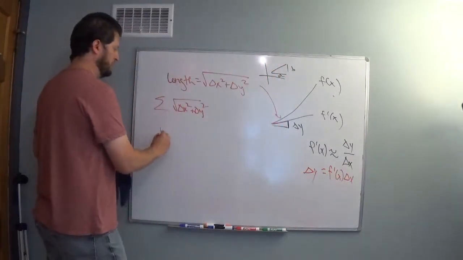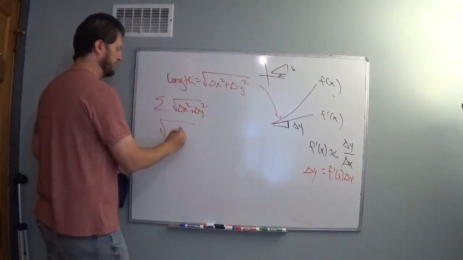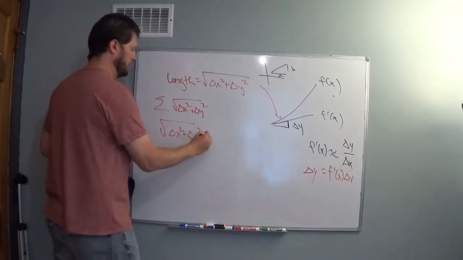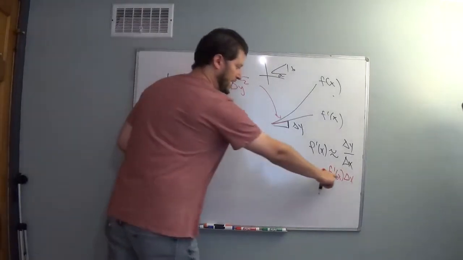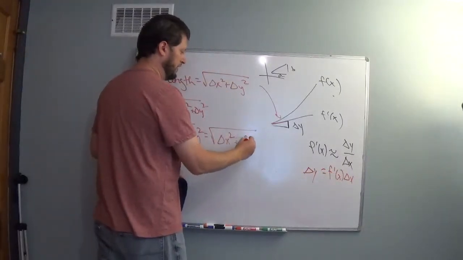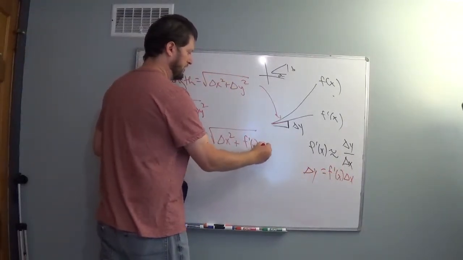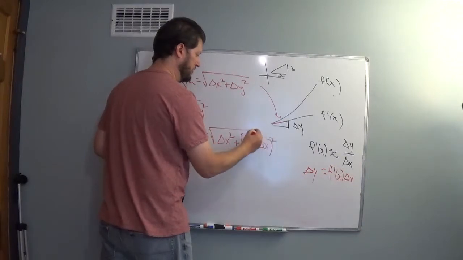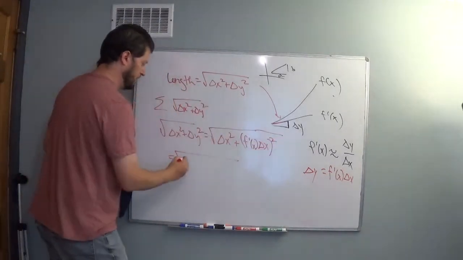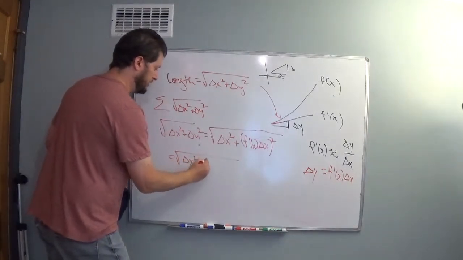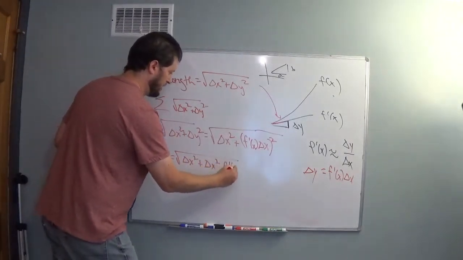So that square root of delta x squared plus delta y squared is the square root of delta x squared plus that stuff squared, which is f prime at x delta x, all squared, which is the square root of delta x squared plus delta x squared times f prime at x squared.